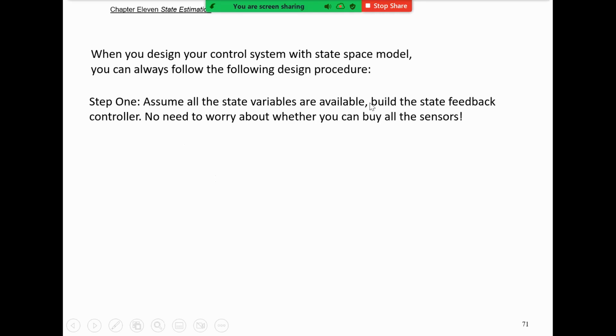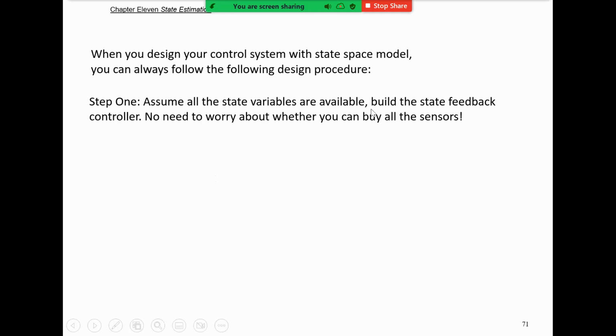Even though in reality they may not be available, that is not a problem because later you are going to resolve that. You first try to get the solution, assuming that everything is available. Then you build a state feedback controller. You don't have to worry whether you can afford to buy the sensors.